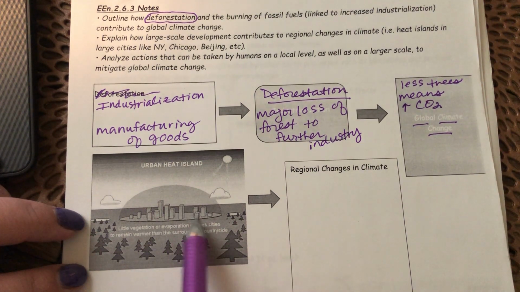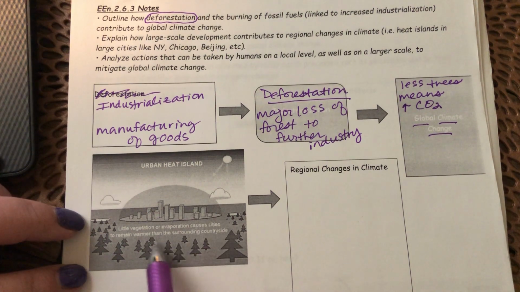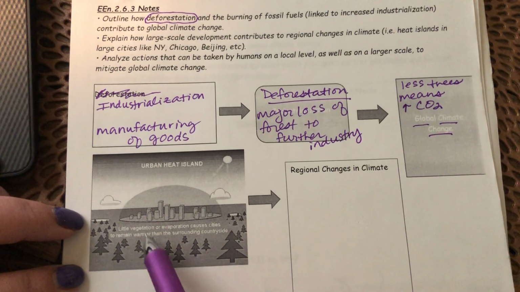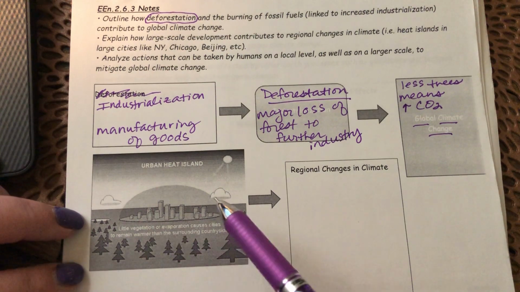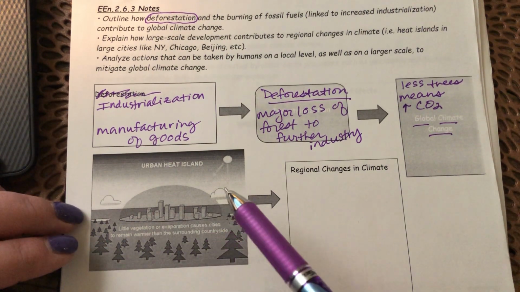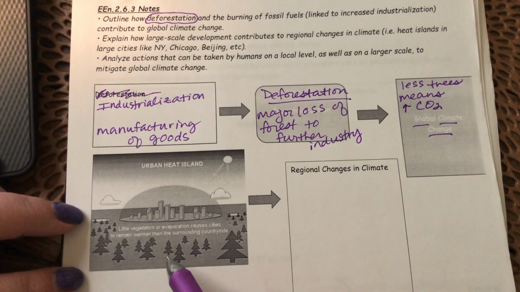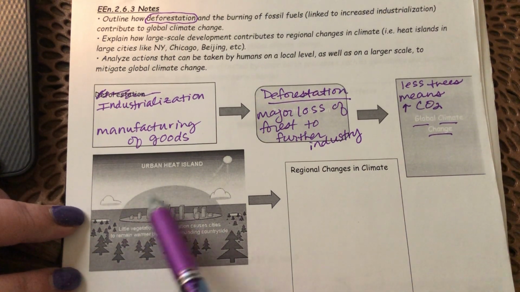You see the city here. It's enclosed in kind of this little thing here to show you. Little vegetation or evaporation causes cities to remain warmer than the surrounding countryside. And I hope that makes sense. Cities have a lot of pavement that holds heat, a lot of buildings, and so not having that vegetation and not really having evaporation from that causes cities to be warmer.